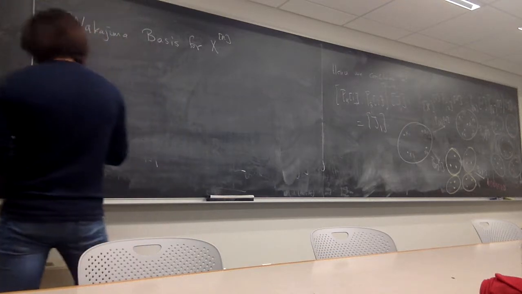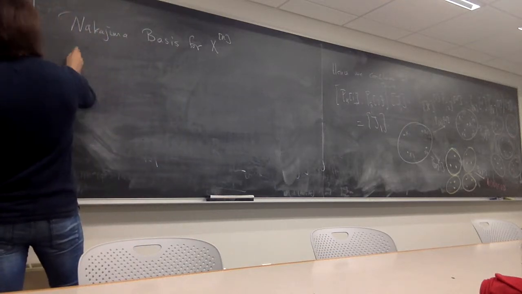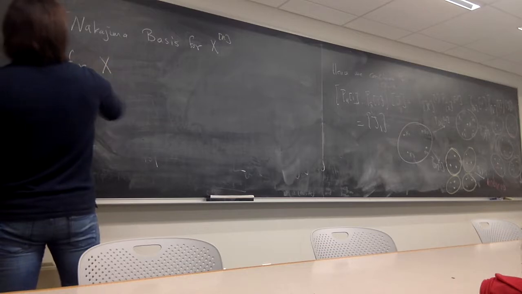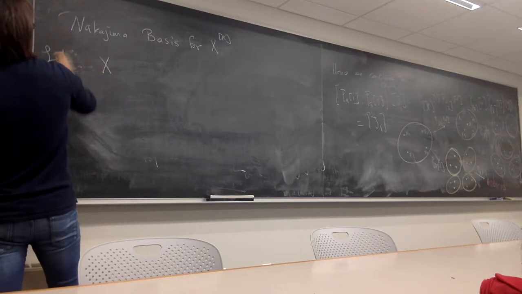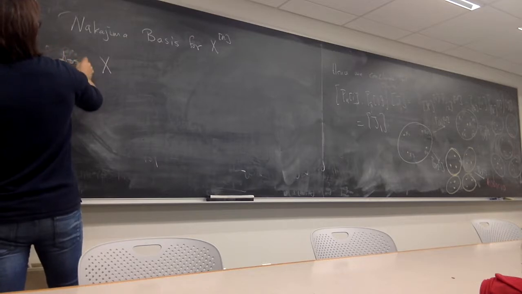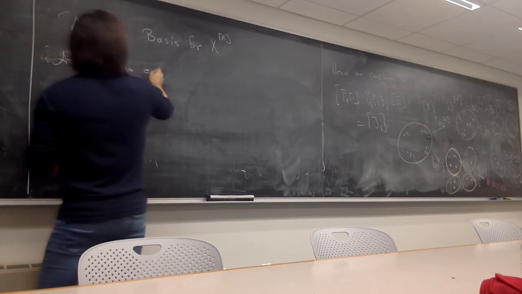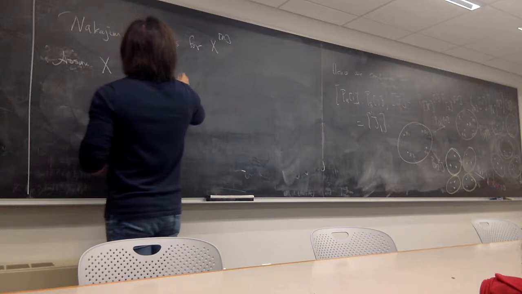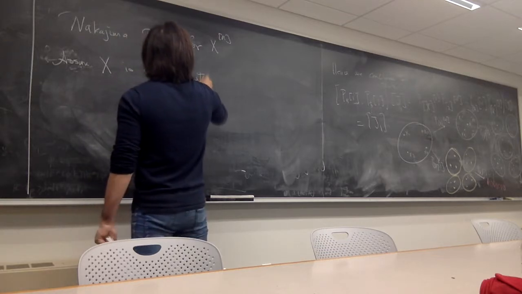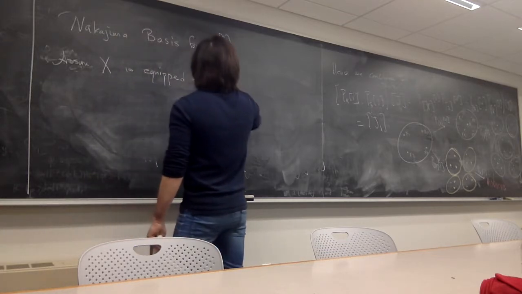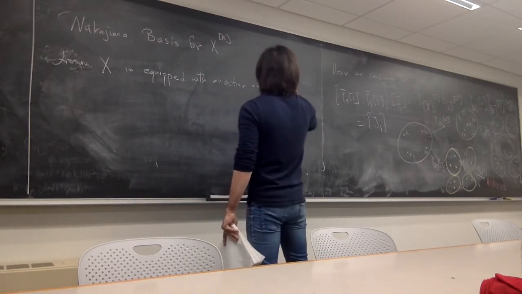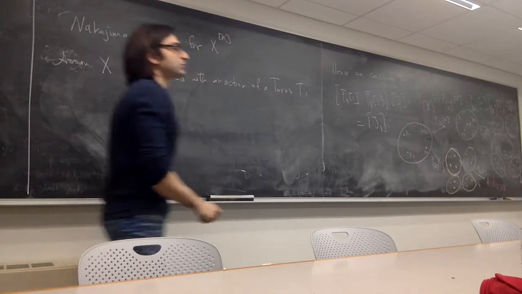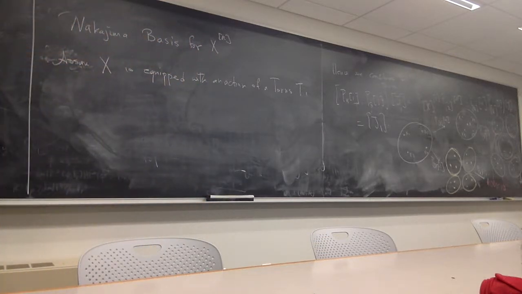So now let us assume X is equipped with an action of the torus, so we can just talk about the equivariant cohomology theory of Xn.